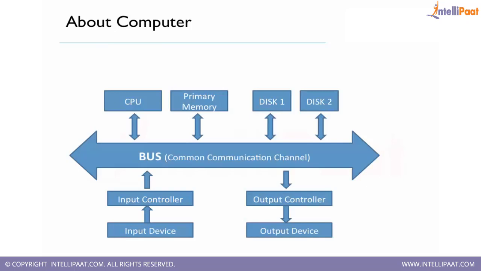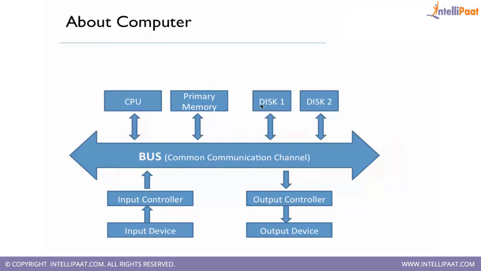This is a very basic diagram of how each and every component of a computer talks to each other. There are various components in a single computer. One is called CPU, which does the processing. There's a memory location where it has storage and persistence of data.